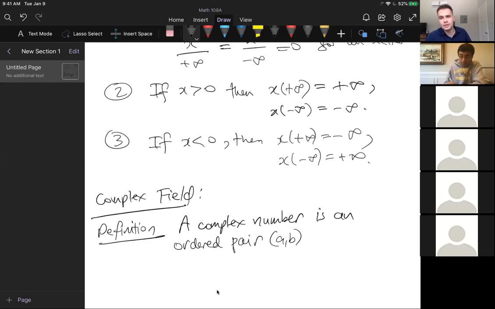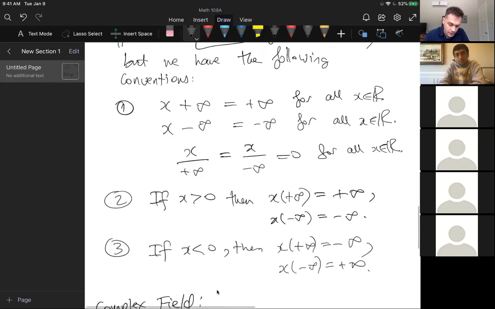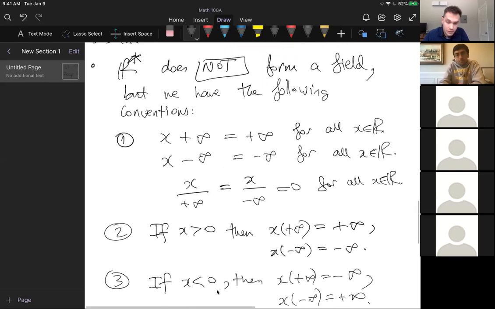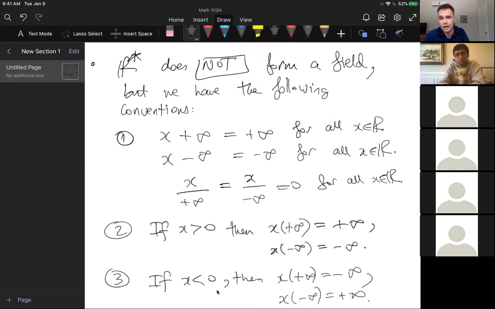Just a philosophical comment, based on the previous questions: in these axioms 1, 2, and 3, I haven't told you any law governing what infinity times infinity is, or what minus infinity times infinity is. So it's okay just to accept that we have these axioms just for the reals interacting with infinity. That's all I've said. In the system that we have right now, that's not defined.